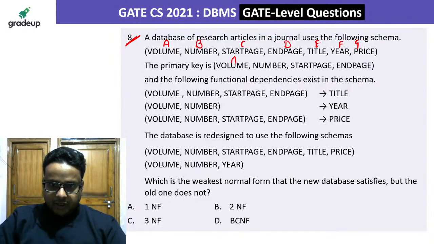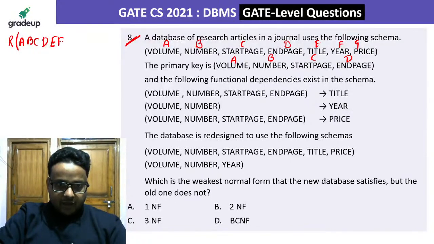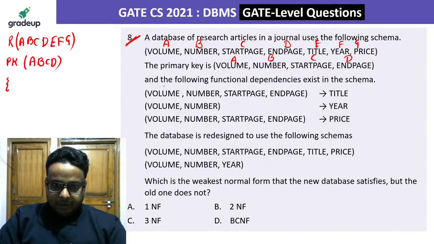So volume is A, number is B, start page C, end page D, and title is E. Now FDs also they have given.